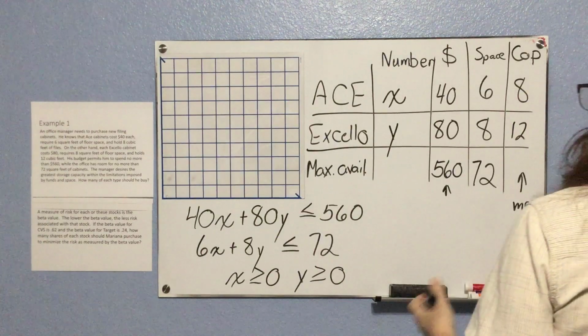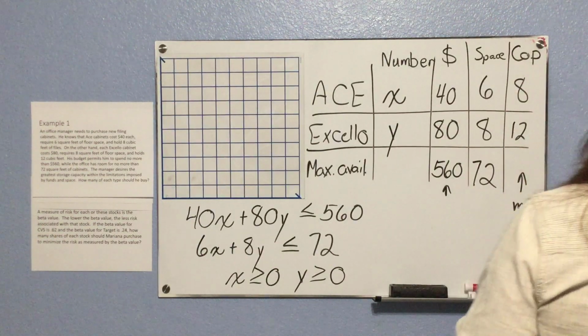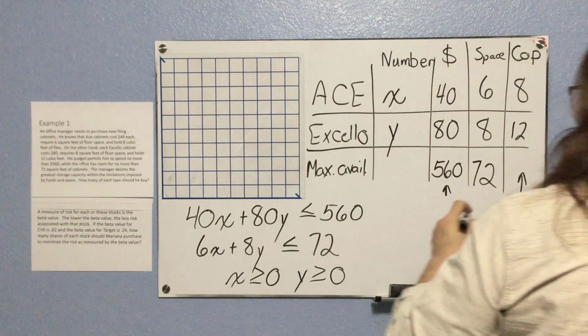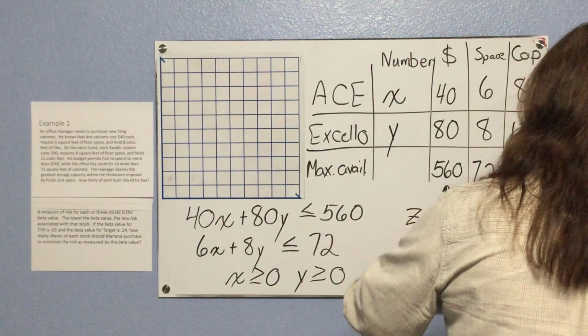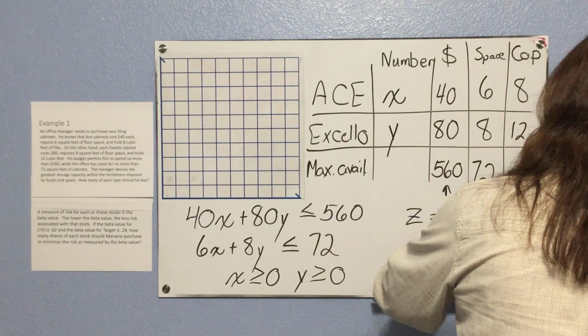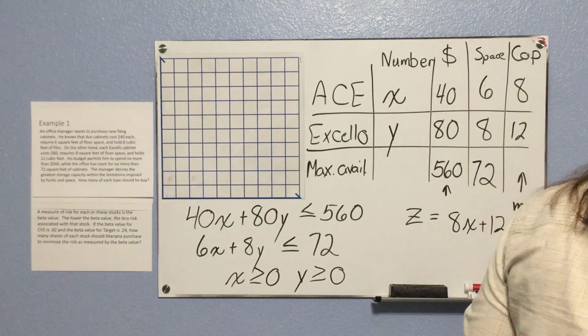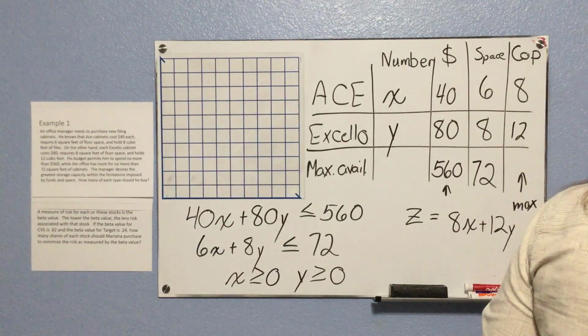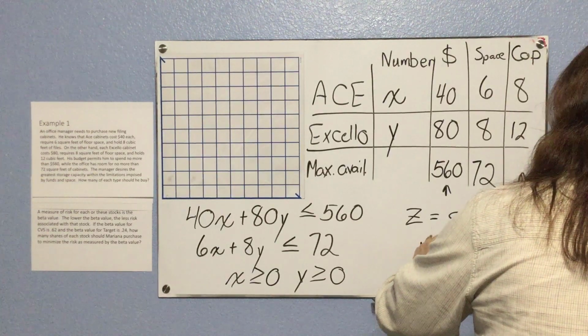And then our objective function is going to come from this capacity. That's the thing we're trying to maximize. So we want to say z is equal to 8x plus 12y. And we want to maximize this.